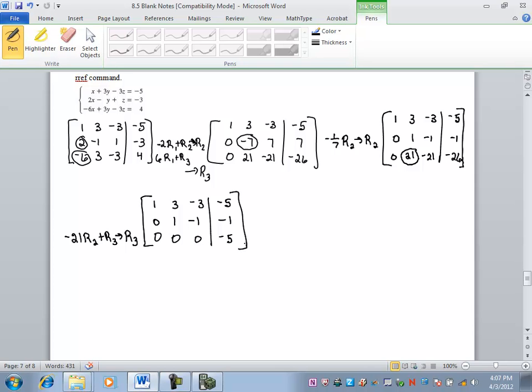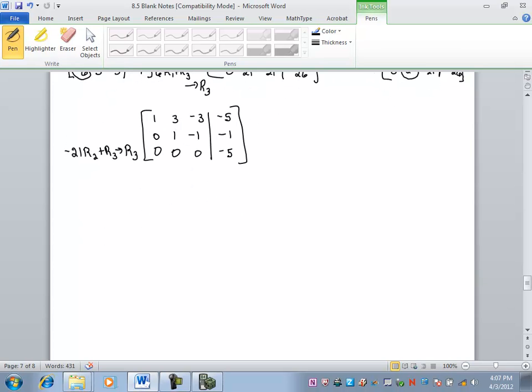And folks, when you see zeros all the way across the bottom row, except for the last right-hand element, you know you're done, and you know your system has no solution. Check out what our equations are. The top equation tells me 1x plus 3y minus 3z equals -5.